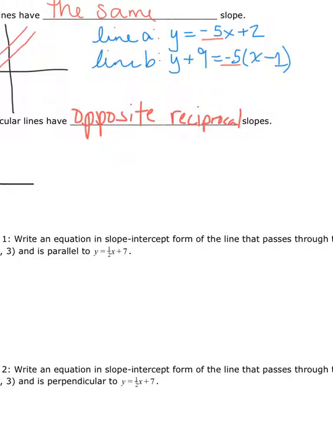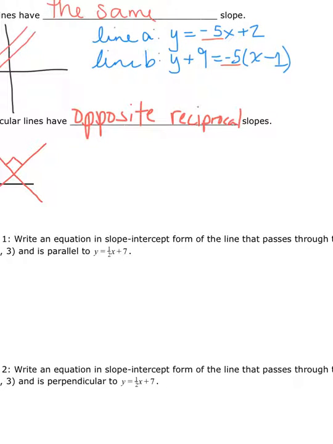not horizontal or vertical. Let's say I have this line here. What kind of slope is that? Is it positive, negative, 0, undefined? Positive. All right, I'm going to draw a line that's perpendicular. If it's perpendicular, I know that it forms a right angle, right?